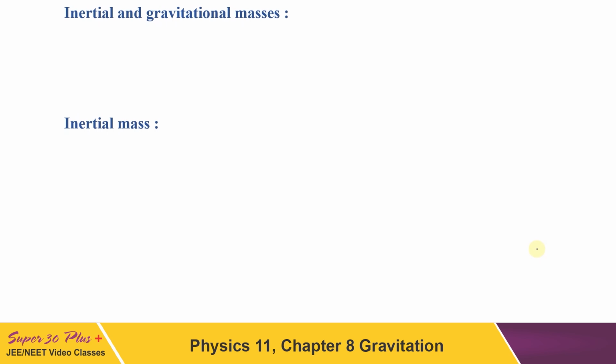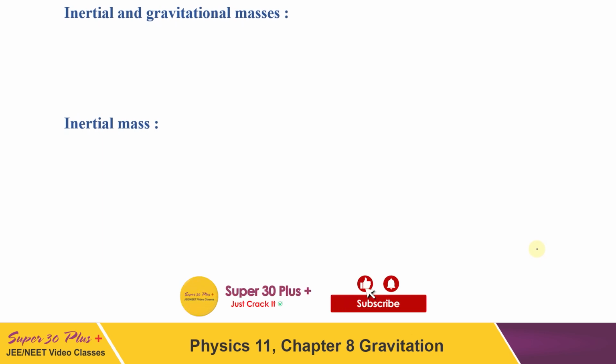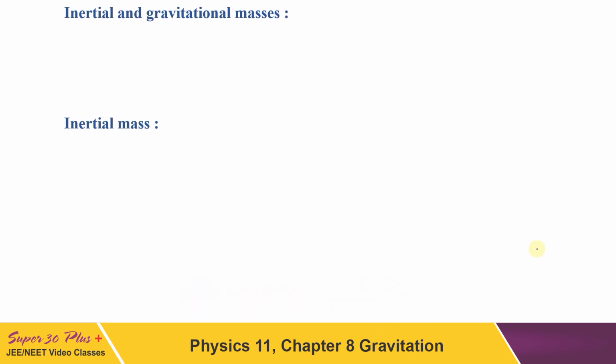First is the inertial mass. The inertial mass of a body can be related to the inertia of linear motion. While discussing the laws of motion, I had said that for the first law of motion, this is the definition of mass, which is actually the measurement of inertia of linear motion.